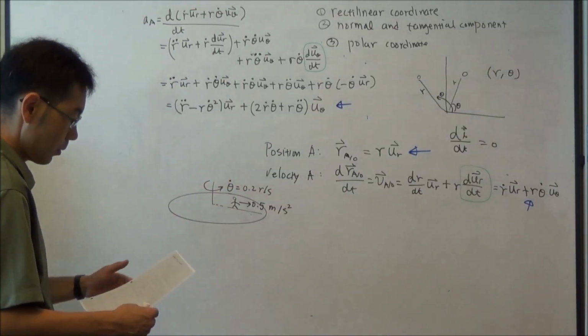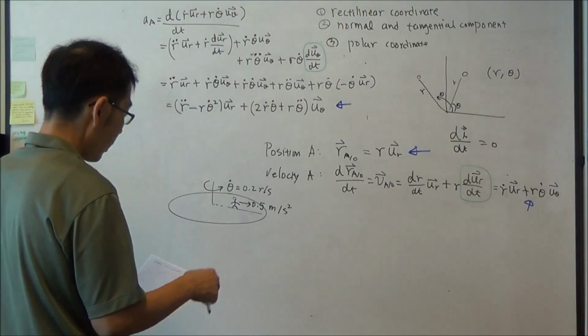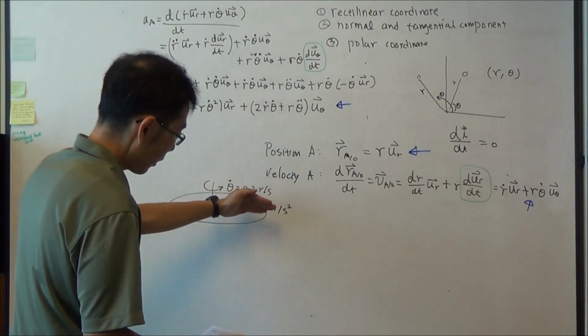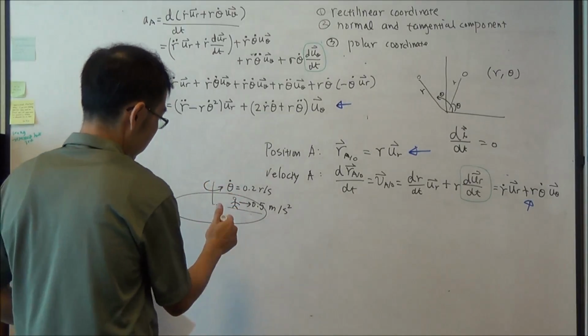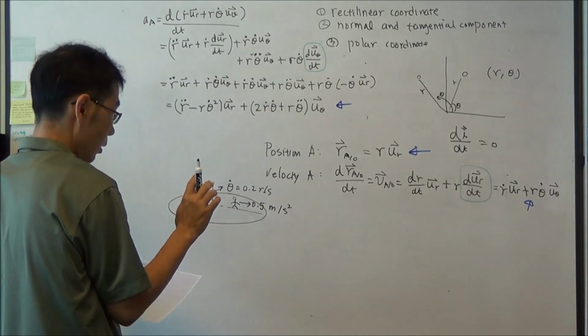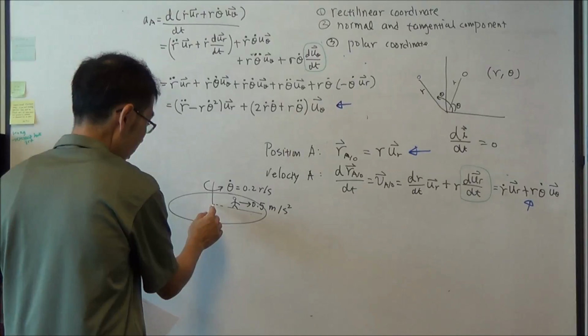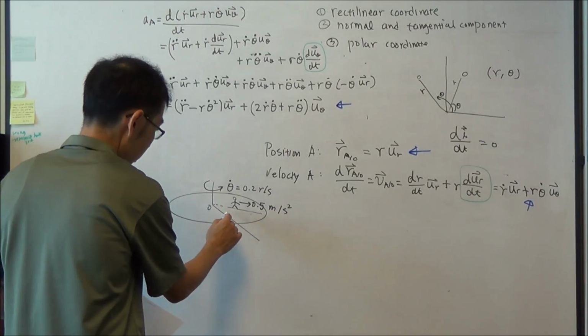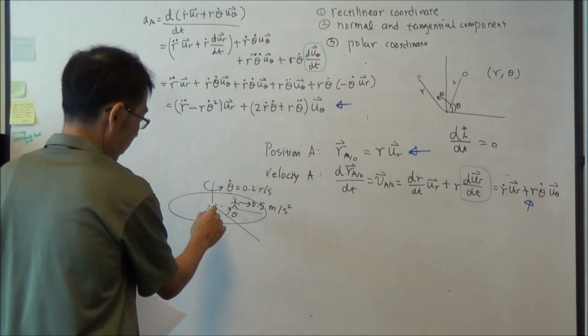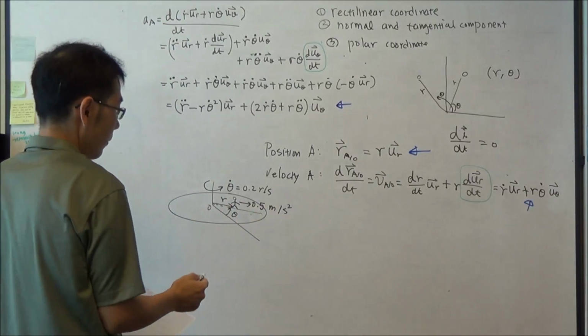So using this one, we know that this person is running out from the center, which means your r. We use the polar coordinate system, right? So let's say this is your origin, and this is theta. Then this is the r, right?